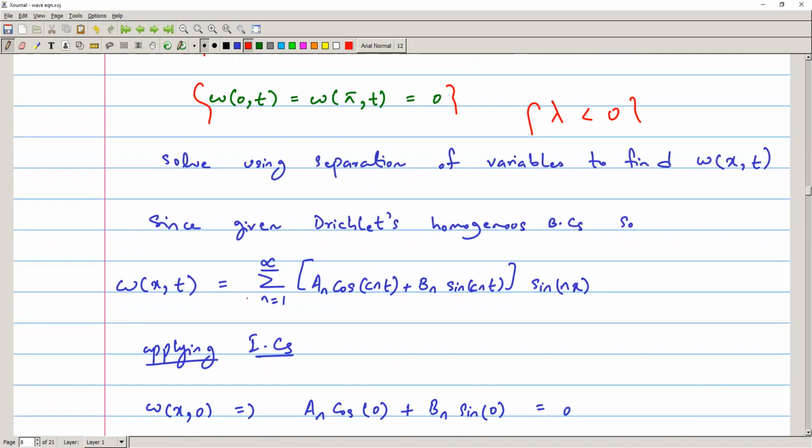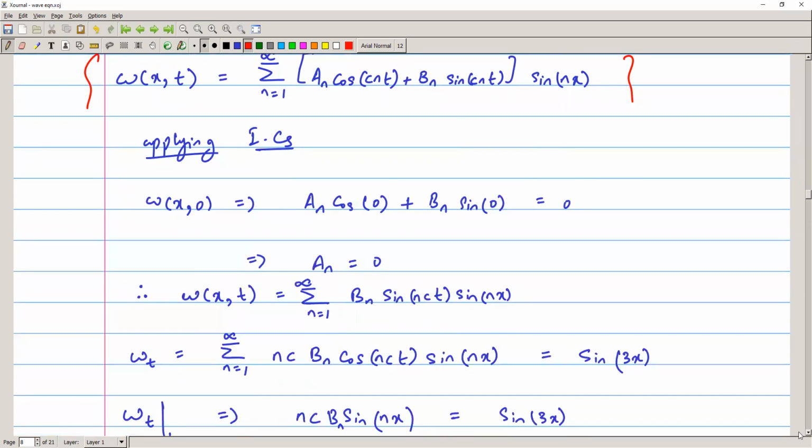Therefore, the solution for w(x,t) will be the summation from n equals 1 to infinity of a_n cosine nct plus b_n sine nct, times sine nx. All right, this equation we get by applying the boundary conditions to the case lambda less than 0, right? So you need to work on this. I did it directly because I assume that you know how to do this from the previous lessons, in the heat equation, where we did all this.